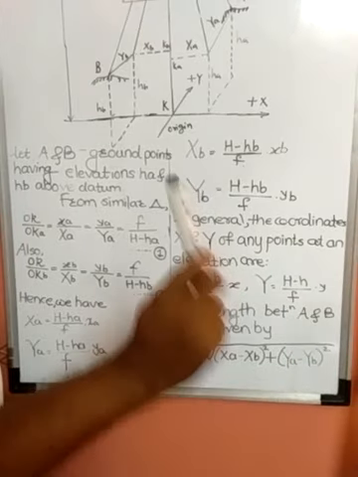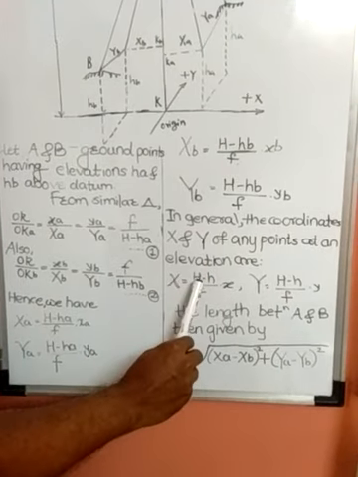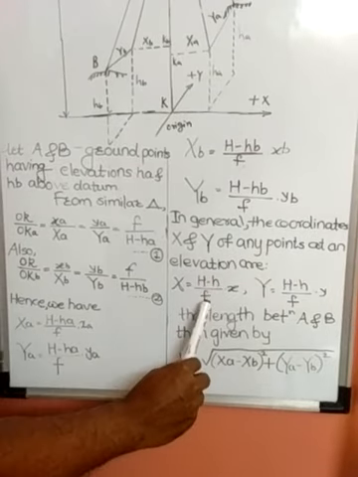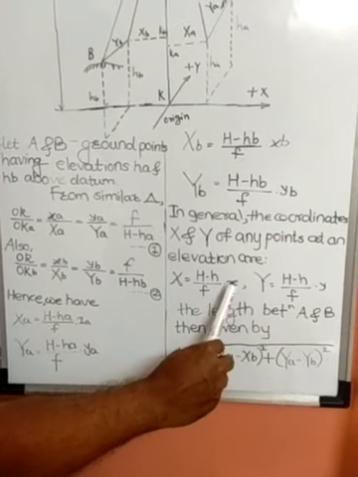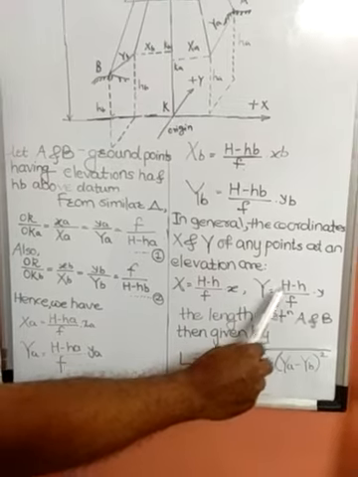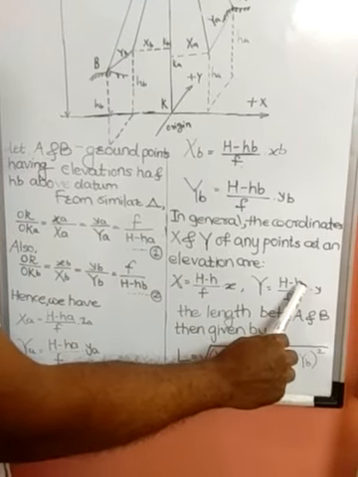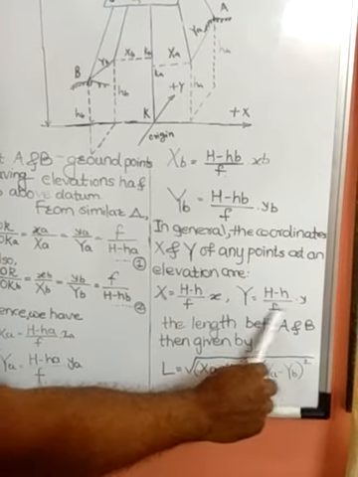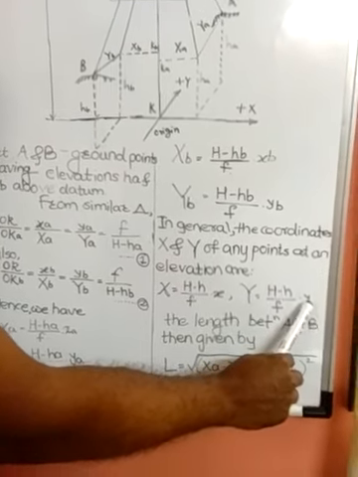That is, X equals the difference between flying height and the elevation of the particular point, divided by focal length, into x. Similarly, Y equals the difference between flying height and that particular elevation, divided by F, into y.